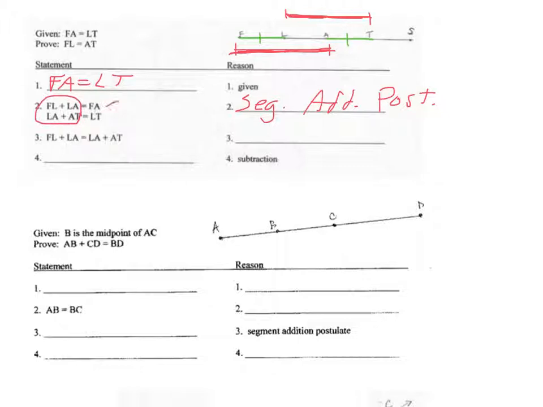Well, it's really kind of double substitution, but it is substitution. FA and LT are equal to each other, so these two must also be equal to each other. Again, that was substitution. And now I can subtract LA from both sides, leaving me with FL equals AT, which is what I was setting out to prove. And the reason we can do that is because of subtraction.